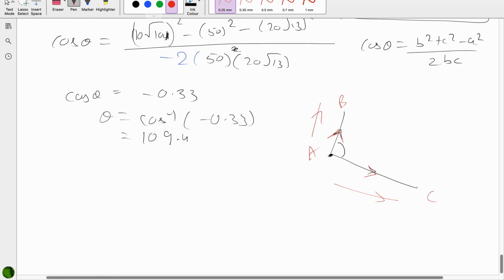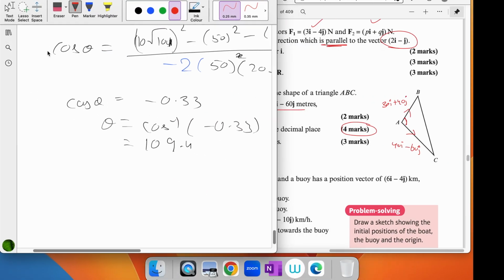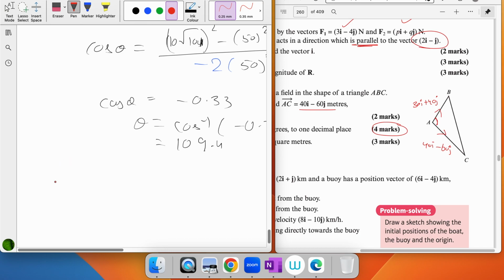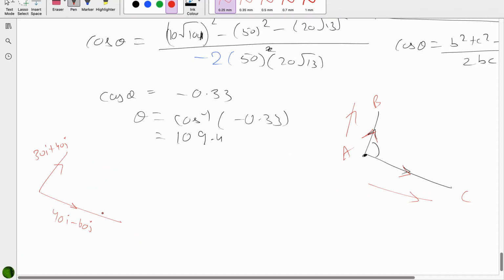So the other way to do this is in vector form. This is 30i plus 40j, and this is 40i minus 60j, and it is in the correct direction. So the other way was cos theta equals a dot b divided by magnitude of a into magnitude of b.